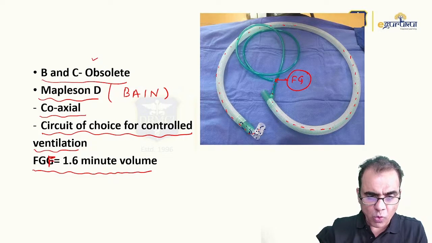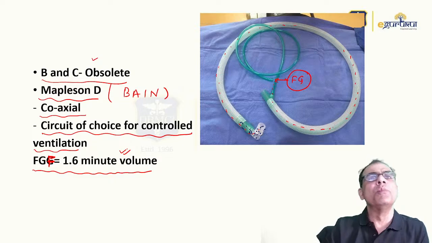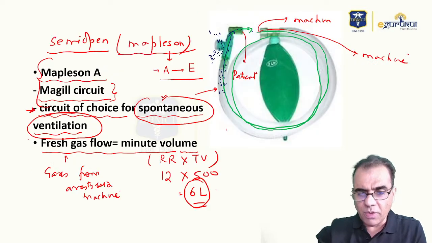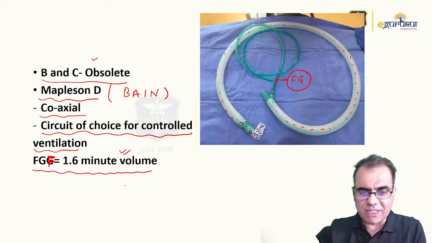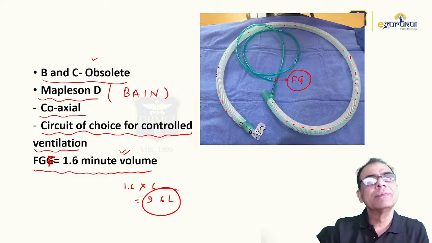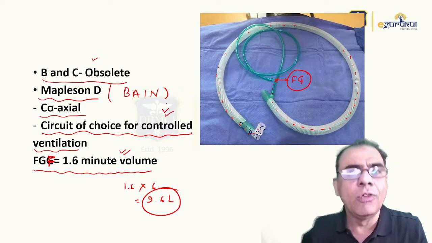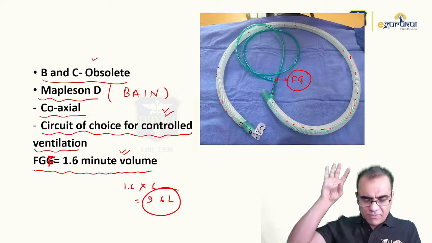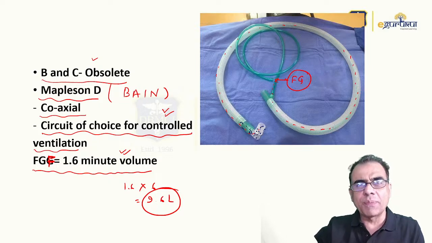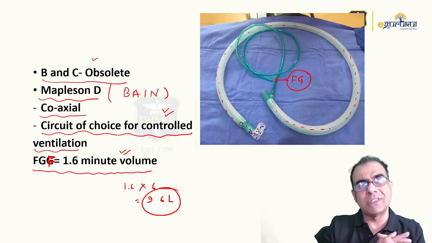1.6 times of minute volume. And how much is the minute volume? For adult patient, 6 liter. So 1.6 times of 6 liter, 1.6 into 6, will be around 9.6 liters. Fine. So if the patient is on controlled ventilation, and I told you what is controlled ventilation, means the ventilator is controlling the ventilation of the patient, and this is the usual scenario in general anesthesia.